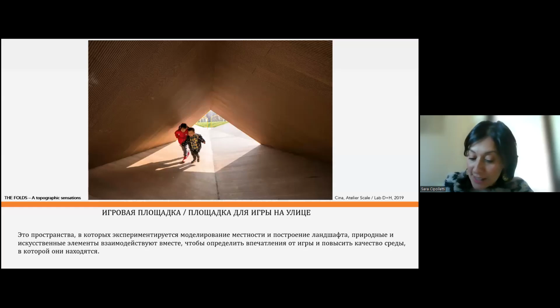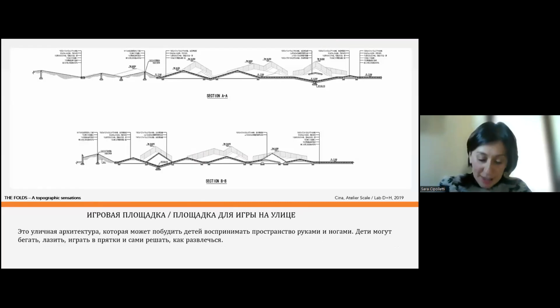So for us, this is the main thing to do, to research, no? How the space can raise the quality of the environment in the urban settlement. They are outdoor architecture which can encourage children to perceive also the space, no?